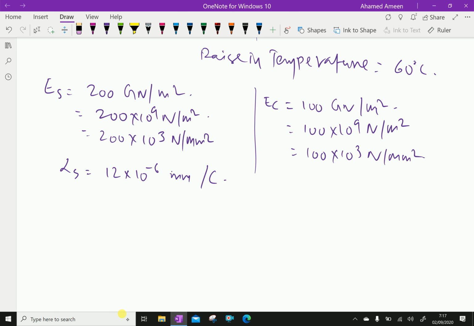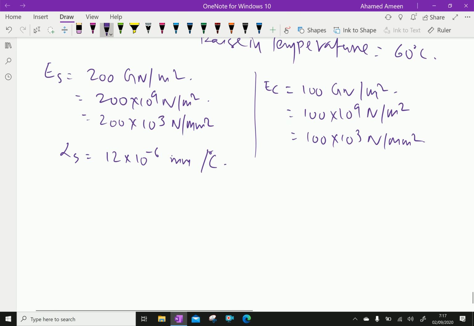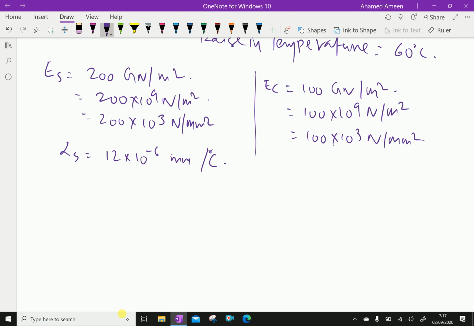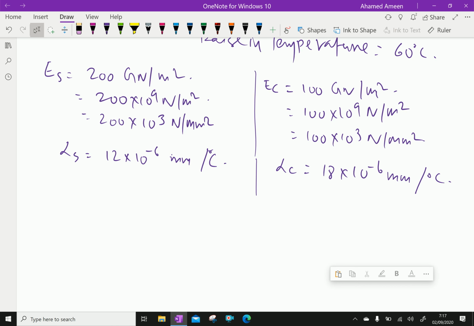And for copper, alpha copper is 18 into 10 to the power of minus 6 per degree centigrade. As alpha for copper is more, that is, the linear expansion of copper is more than that of steel, hence the free expansion of copper will be more than that of the steel.